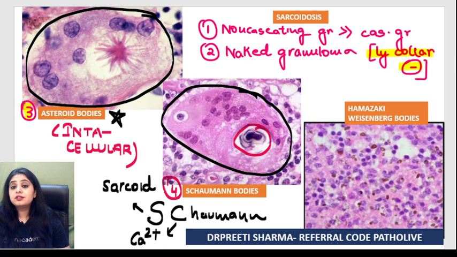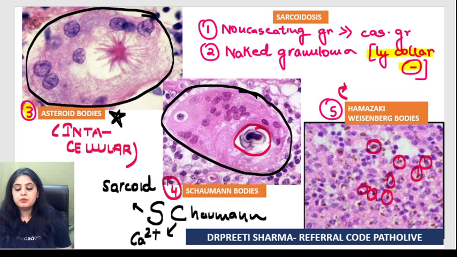Coming to the fifth point actually. The fifth point is something known as Hamazaki-Wesenberg bodies, or even if you just want to remember Hamazaki or Wesenberg, any of the words will do. The HW bodies are seen, and can you see they have a very different color? They have a brownish color, right? So these are nothing but some pigment. That is why they are brown in color. What pigment? A lot of confusion and a lot of debate happened on this.